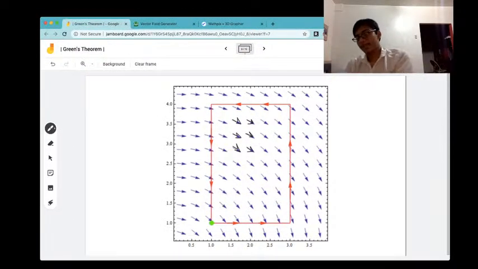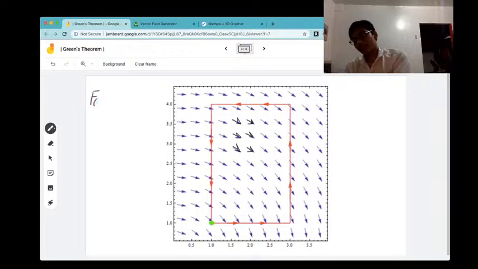Like any vector field, we can express this as F of x, y, and it's going to be defined using two components, one being P, that's our x component, and one being Q, that's our y component.